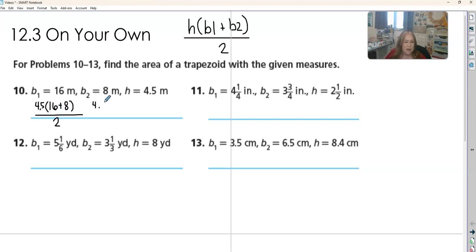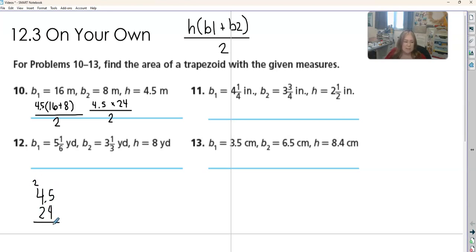Now we have 4.5 and we need to times that by 24 and then we'll cut that in half. So 4.5 times 24. We need to find somewhere on your paper or scratch paper to do this problem. So I'm going to do it right down here. So we have 4.5 times 24 and I will be expecting to see your work with it.